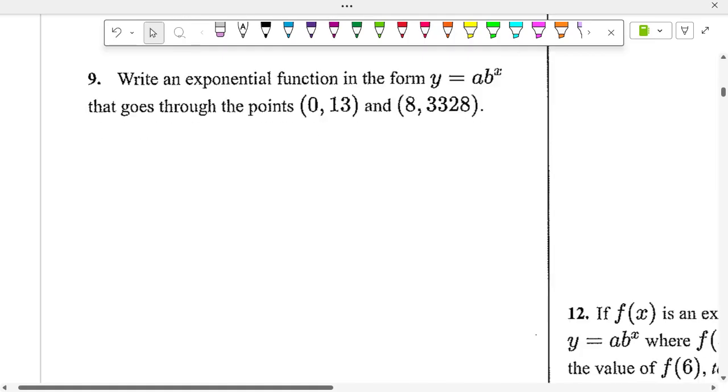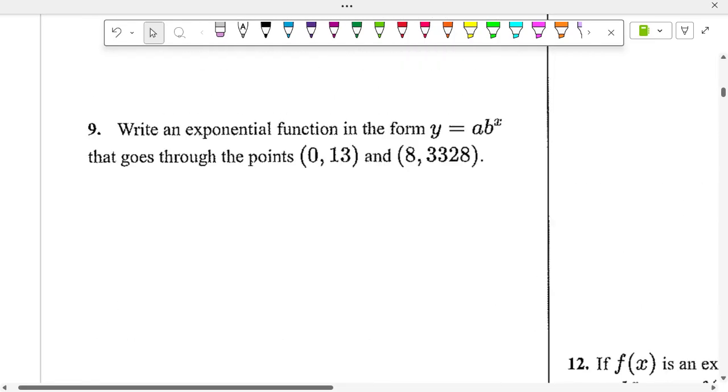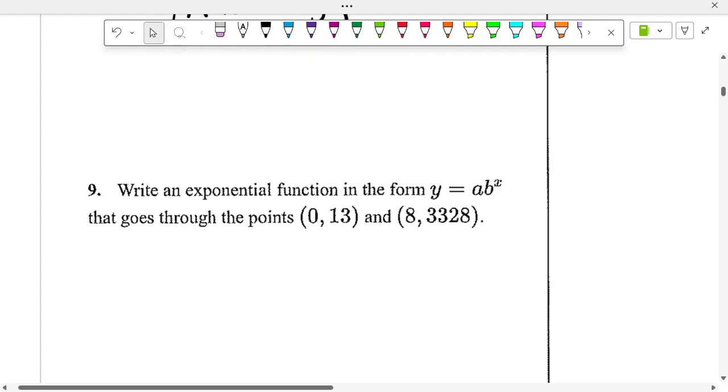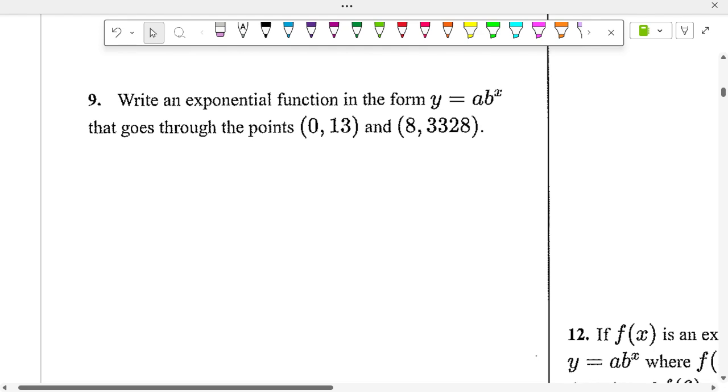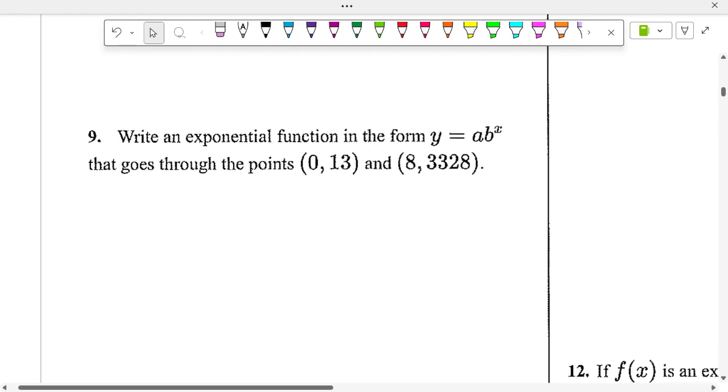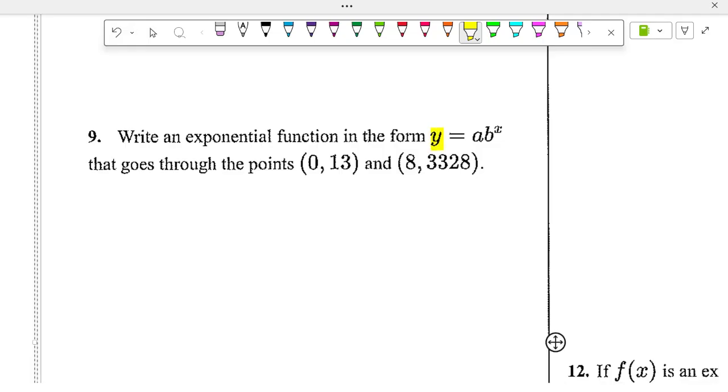Now, these last couple of problems actually go back to the exponential regression. All right. So this is another one where they want us to find the exponential formula, but it has to go through these 2 points. Well, guess what?